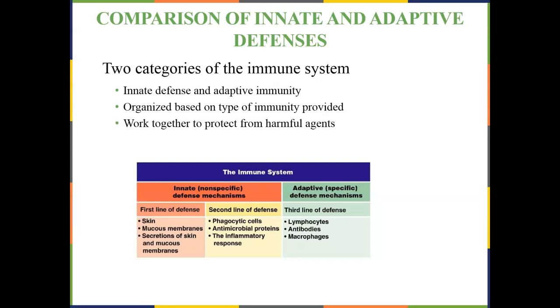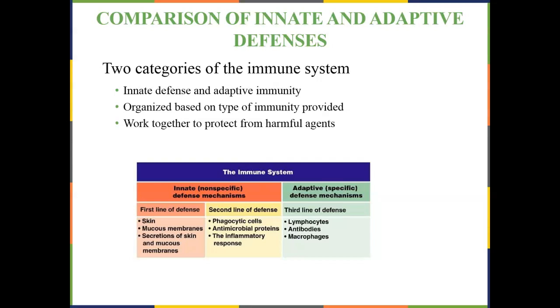There are two lines to the innate or nonspecific defenses. First line is the skin and mucous membranes. The second line are the different chemicals produced by our cells, as well as white blood cells like neutrophils, eosinophils, basophils, and even our macrophages.